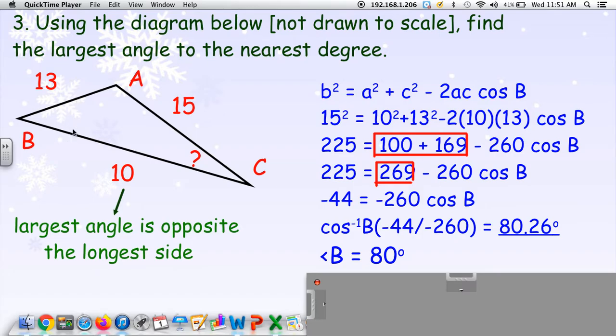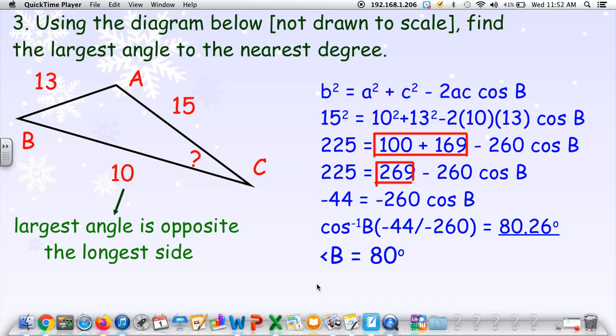And because it's the largest angle across from the biggest side, if I had to find angle B and angle C, either one of these or both of these should be less than 80. We're not going to do problems with it today, but just keep in mind that here cosine is positive. Had cosine been negative, then I would not be in quadrant 1.